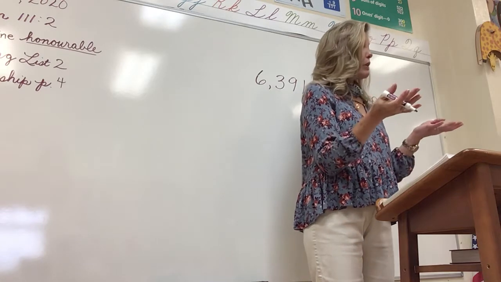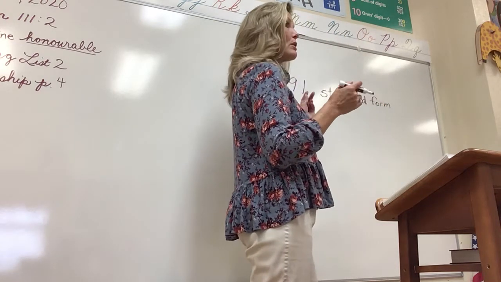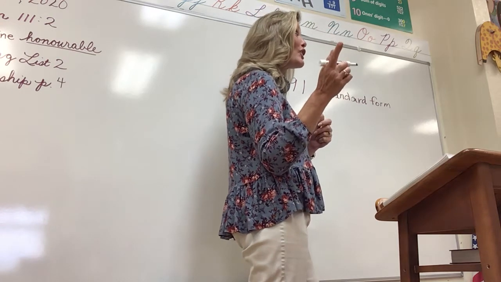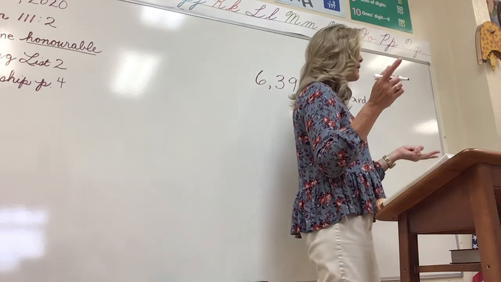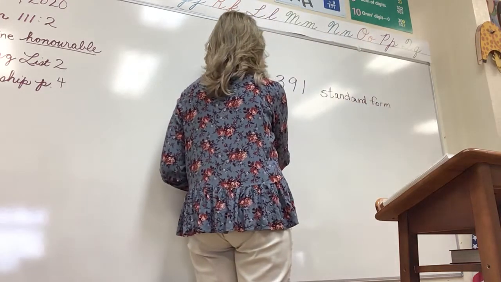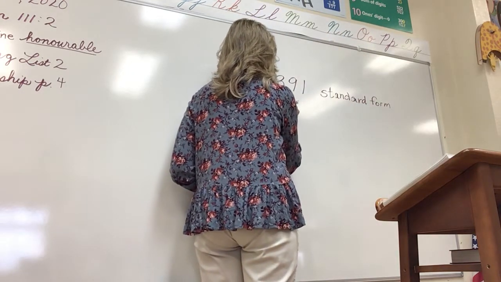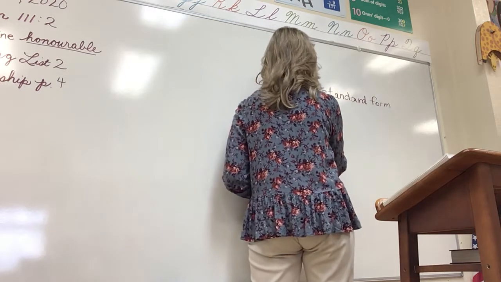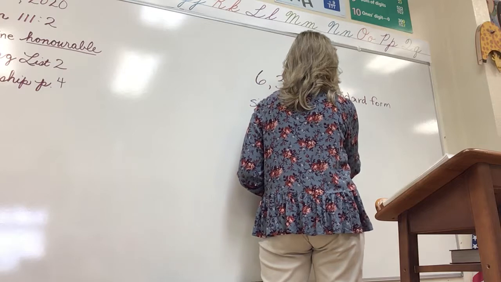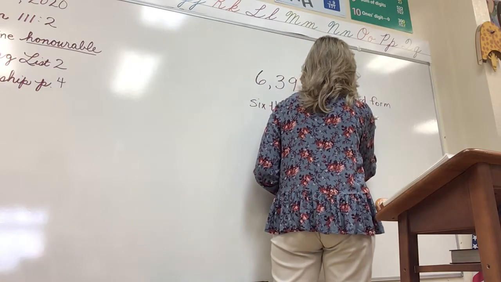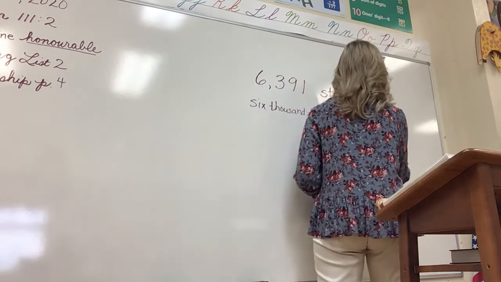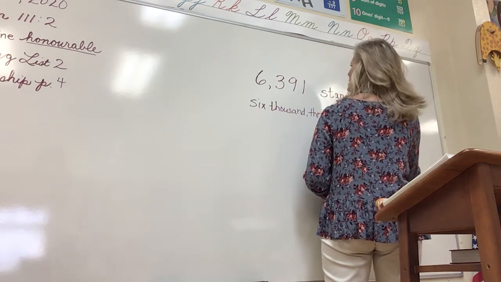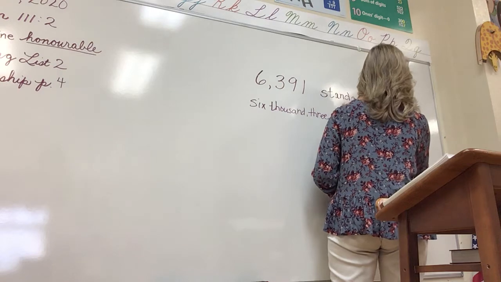Well, what did they use to write it? They didn't use digits, they used words, right? It's called word form. So if I said 6,300, look how long it takes me to write that number, 91.